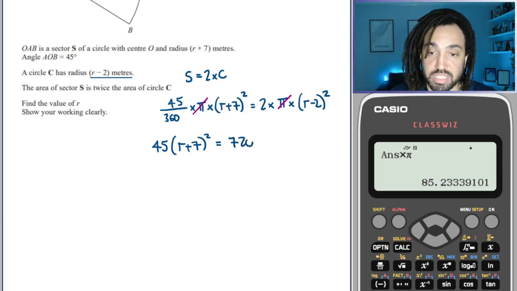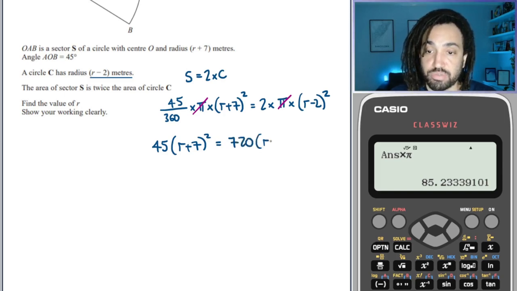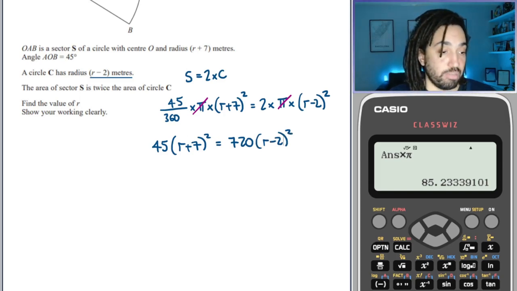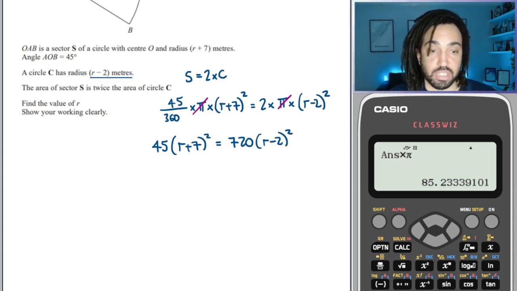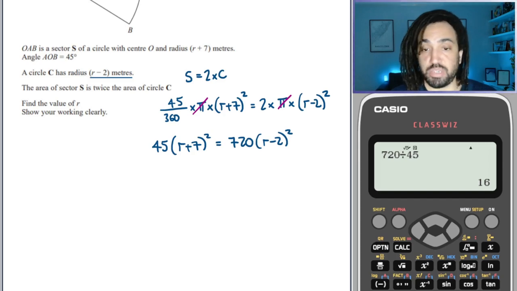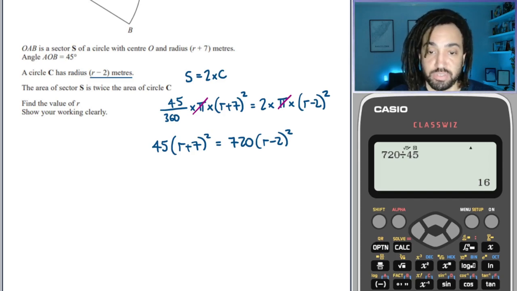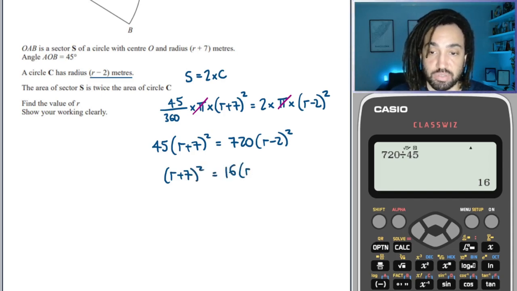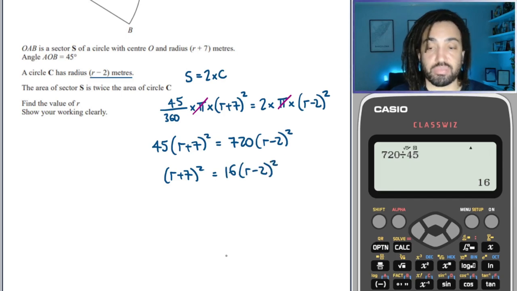So it'll be 720 on this side, times through by this bracket. Okay, now again I want to try and keep my numbers down, so can I divide both sides by 45? Does 720 divide by 45? Yes it does, perfect. So let's divide both sides by 45. So I just have r plus 7 squared is equal to 16 lots of r minus 2 squared.